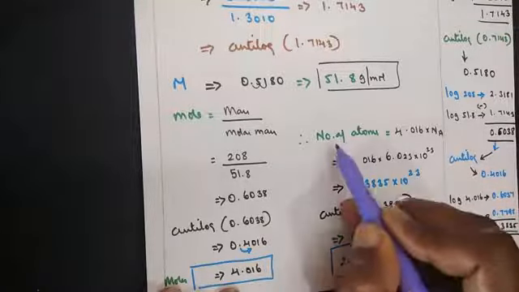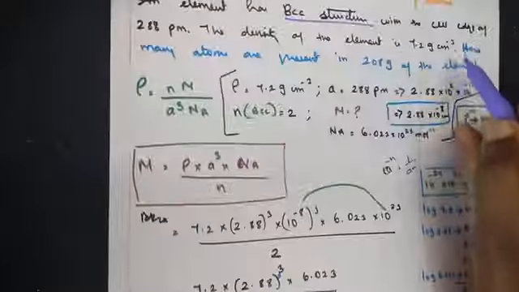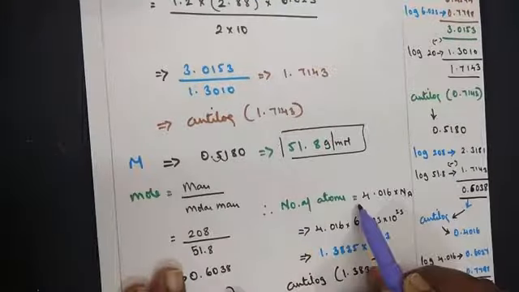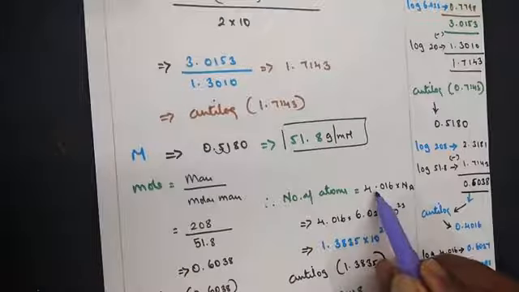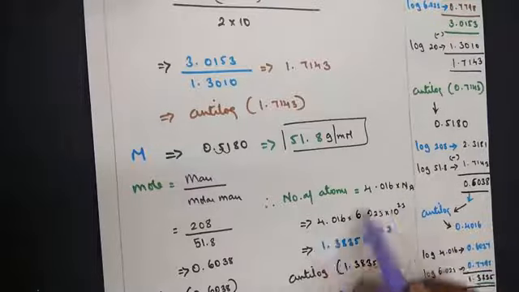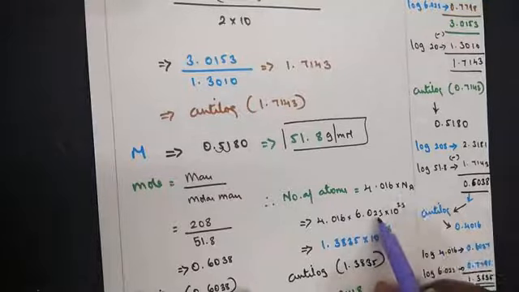Now we are moving on to the number of atoms. The given question is how many atoms are present. Therefore, number of atoms is equal to number of moles into Avogadro's number. Number of moles is 4.016. Avogadro's number is 6.023 into 10 to the power 23.